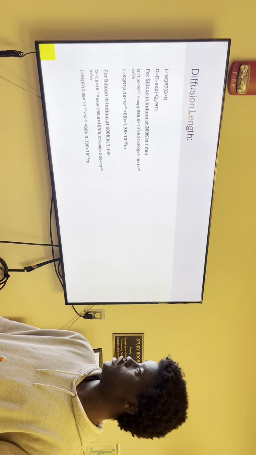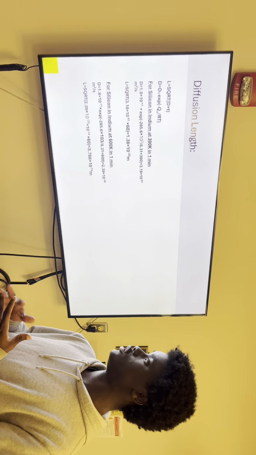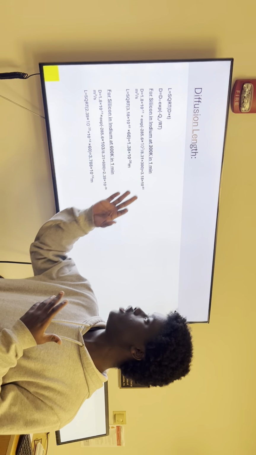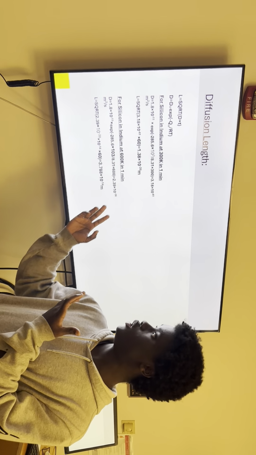In the fourth question, we are asked to find the diffusion length for silicon in indium at 300 Kelvin in 1 minute, then 600 Kelvin in 1 minute.